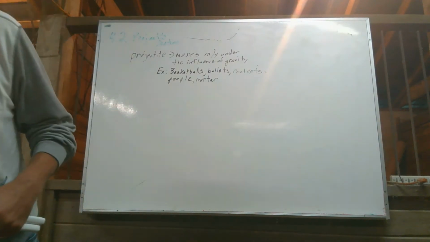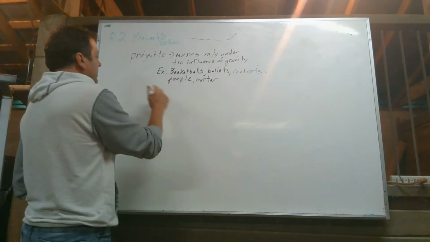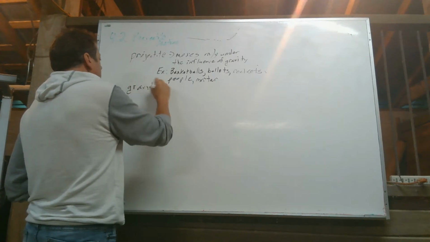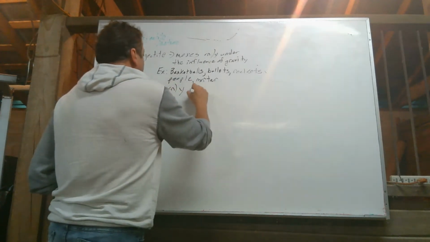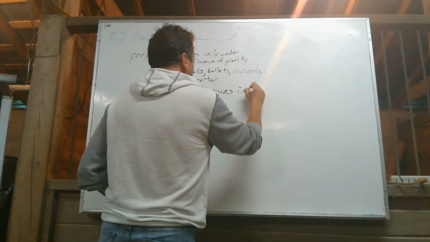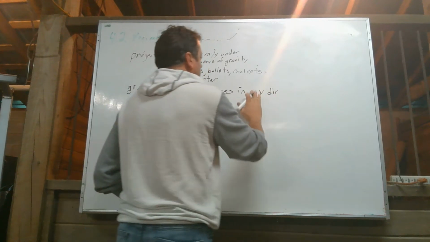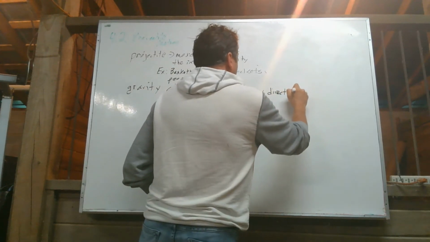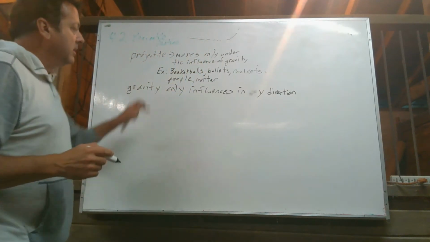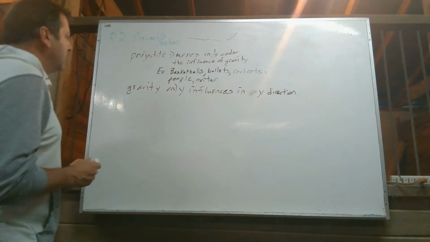Now the key when you deal with projectiles is gravity only influences, and I talked a little bit about this the previous class, in the negative y direction. I don't have good sheen on this board, so I'll probably have to stop and start when I clean it because I have to use acetone on it.